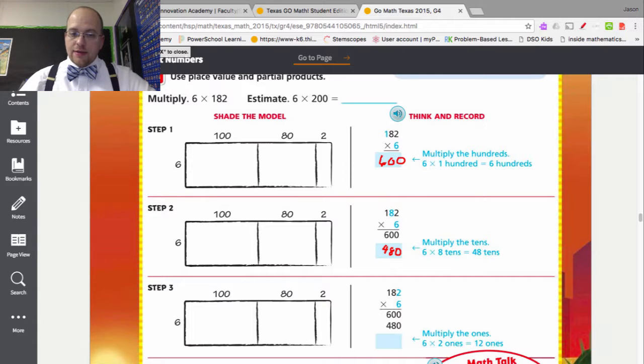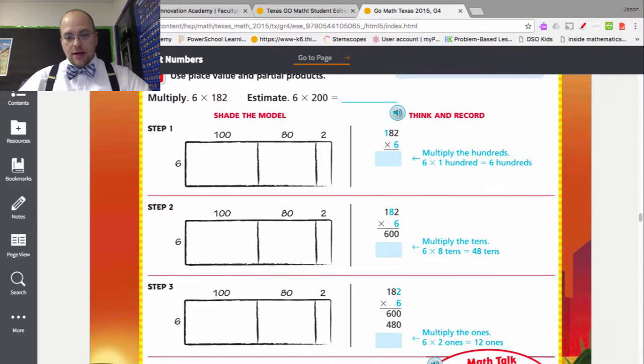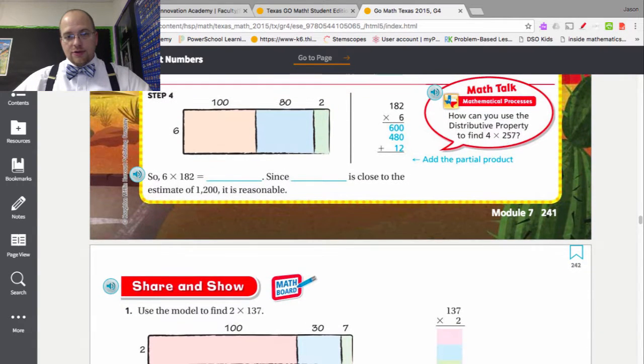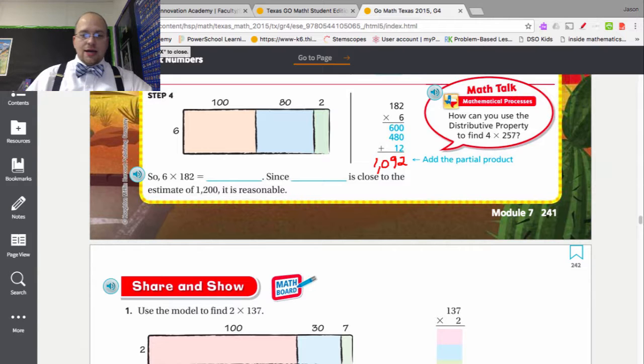And then 6 times 2 is going to be 12 ones, or just 12. Now, after I have all those numbers, I just add them together, and that's it. There's a 2, there's a 9, and 6 and 4 is 10. 1,092. Easy as can be.